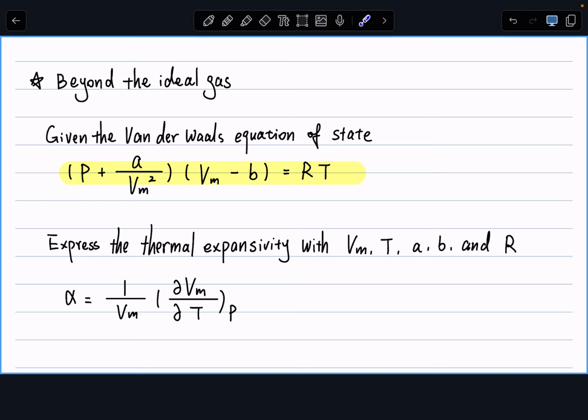And then just organizing the terms by multiplying my negative Vm cubed and (Vm minus B) on both bottom and top.